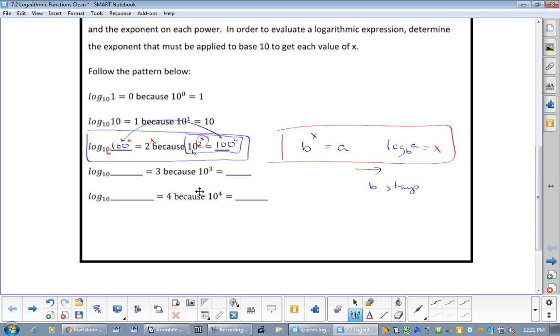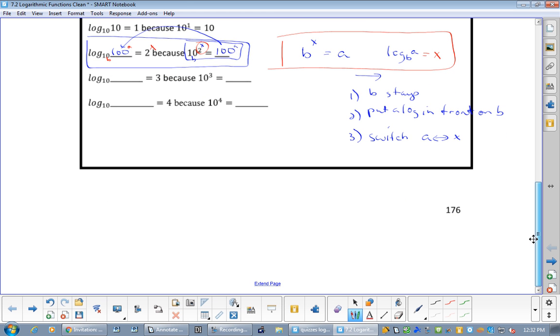B stays. Put a log in front of B. And 3, switch A and X. Okay, that's what's going on.